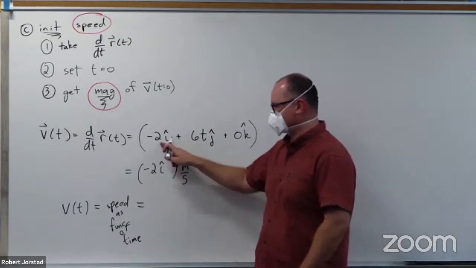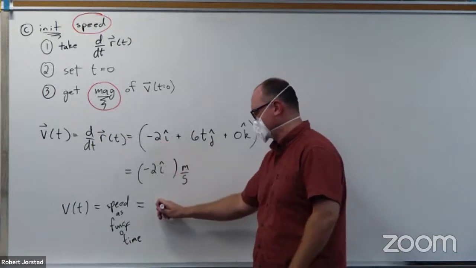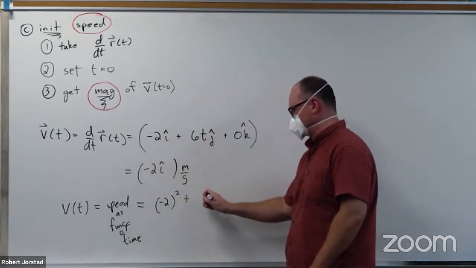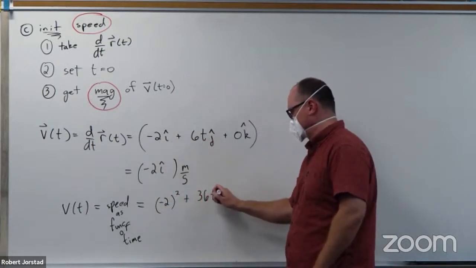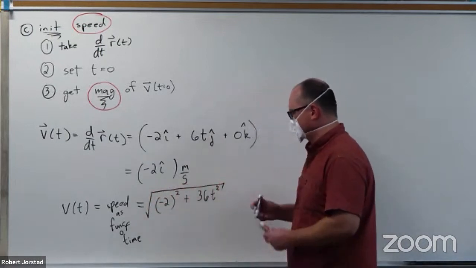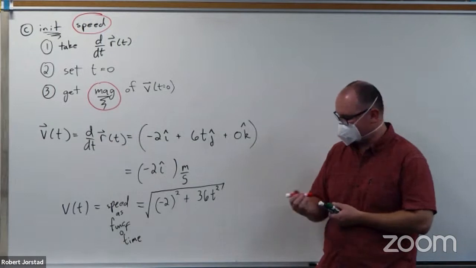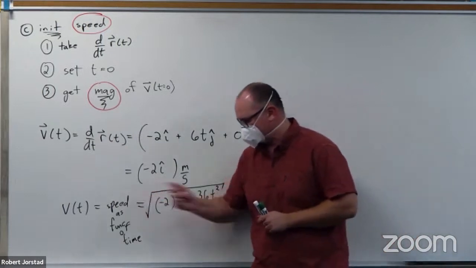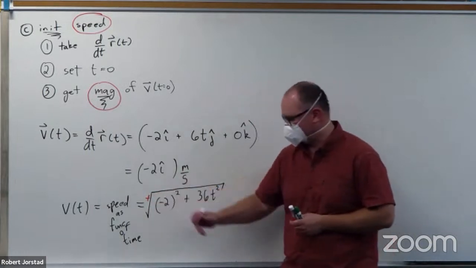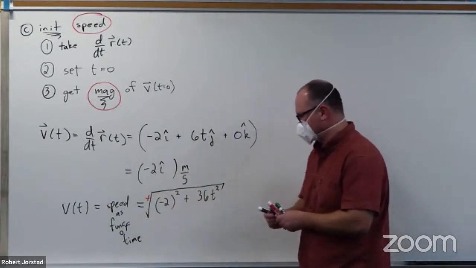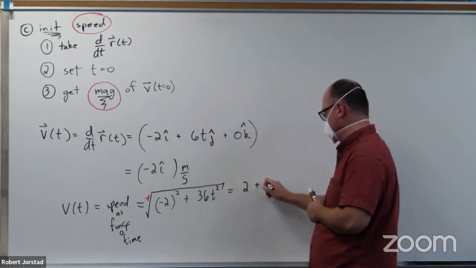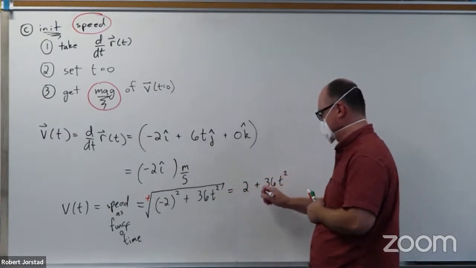So we'd say the first parameter squared plus the second parameter squared plus 0, and then we have to square root it. Should I take the plus or negative root when figuring out speed? In this case, we would only need the plus root. I don't need the minus root. So we could write this a little bit prettier. Wait, that's 4, isn't it?